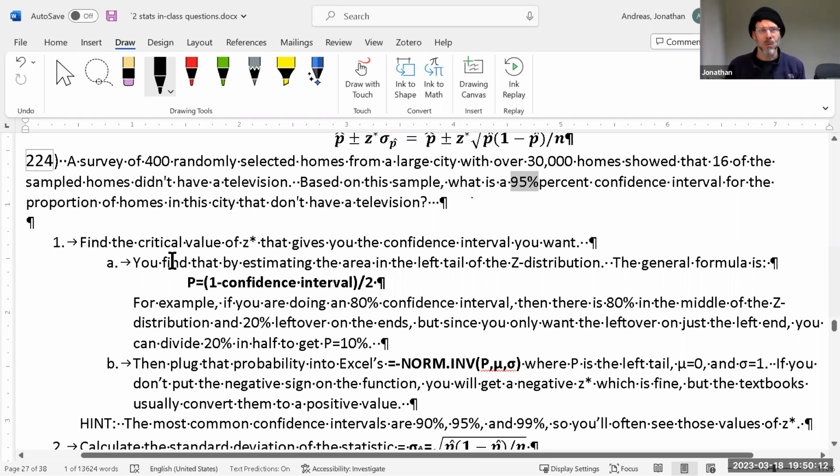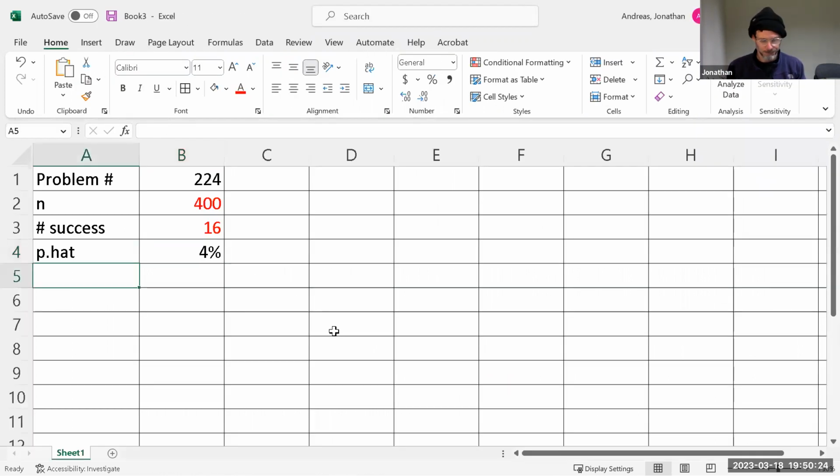So it's not that hard to do that in your head, but here is a formula that will give you the same result. So we start with the 95% confidence interval. And that's 95%.